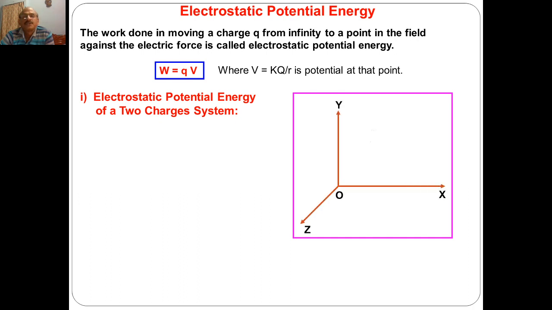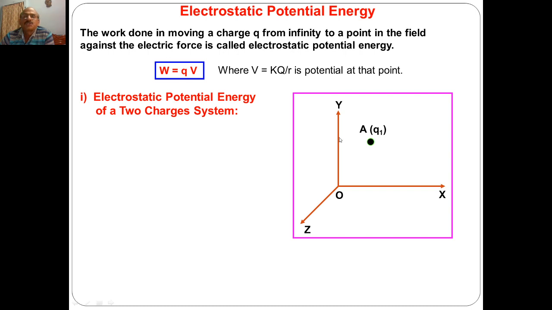Let in this coordinate, charge q1 at point A, position vector r1, is brought from infinity. Since it is brought in absence of field, no work is done to bring the charge q1.